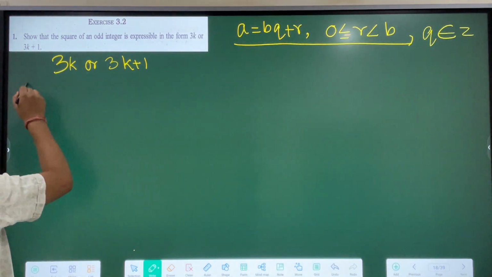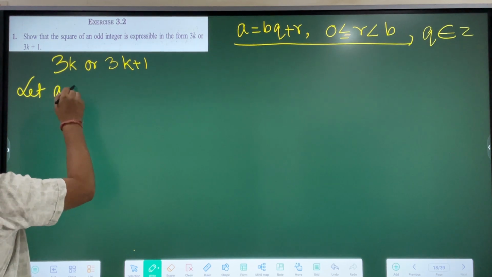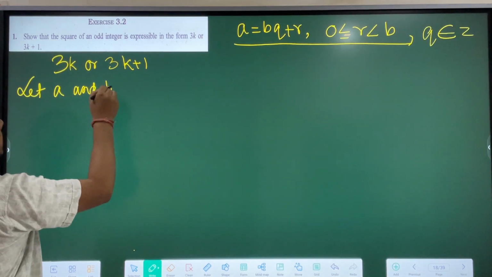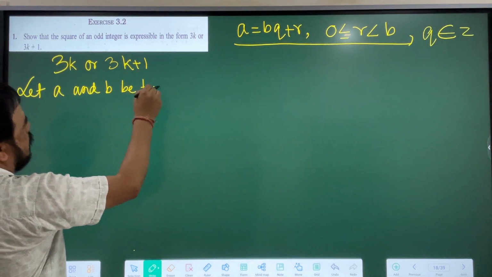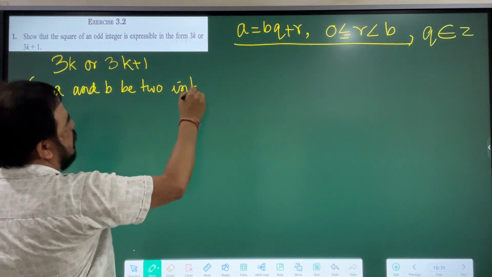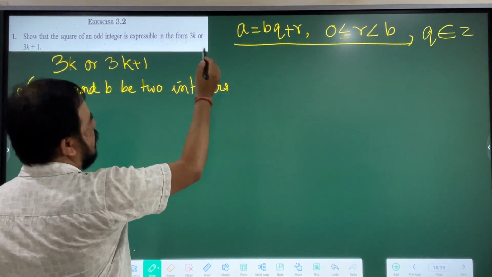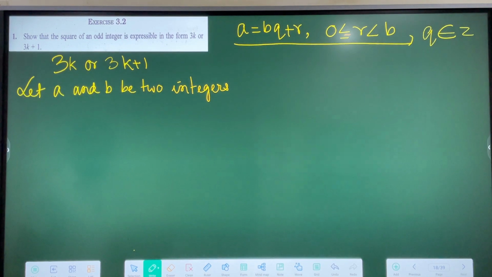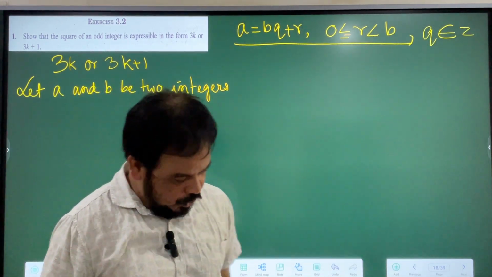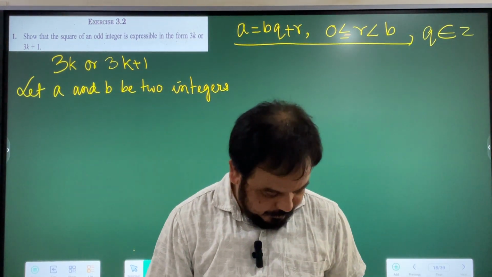So we will take directly, let a and b be two integers.